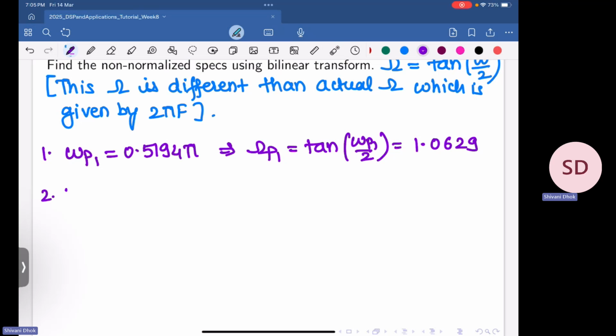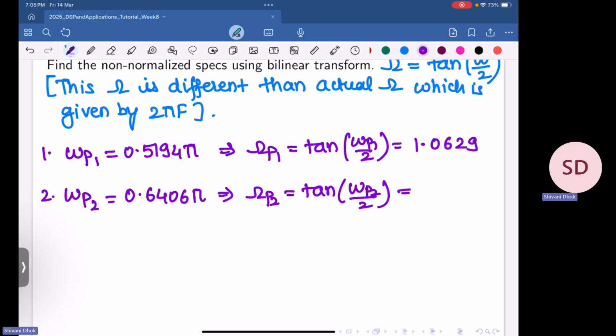Similarly, for omega p2, which is equal to 0.6406 pi, this capital omega p2 is tan of little omega p2 by 2. This comes out to be equal to 1.5790.